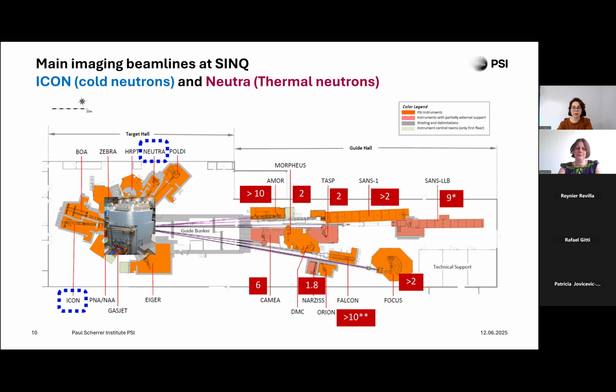Thermal beamlines use neutrons in equilibrium with room temperature moderators, which could be like a room temperature deuterium moderator. While the cold beamline uses neutrons further slowed by cryogenic moderators, basically to lower energies.